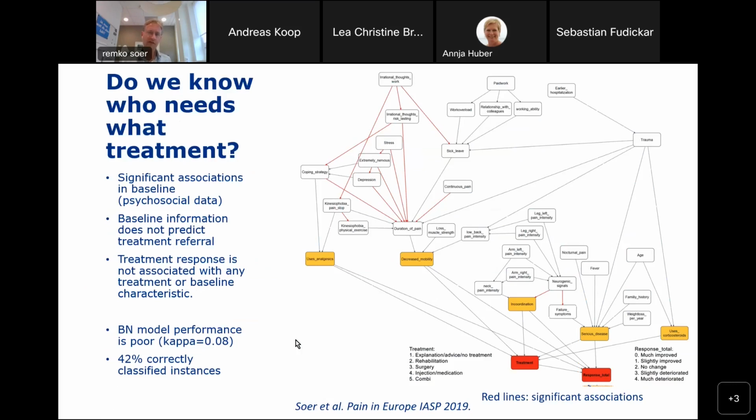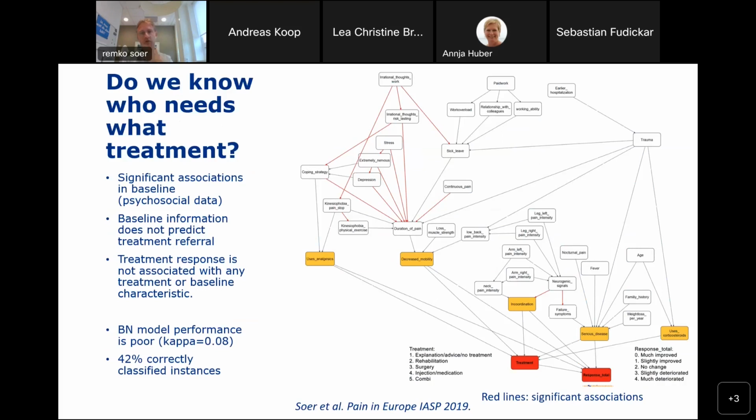What kind of characteristics make it so that one patient with low back pain has a positive response to surgery, multidisciplinary rehabilitation or anesthesiology? If, for example, something is really wrong in your back, you would probably need surgery. Quite obvious, right? So if we have data from a few thousand people, then a machine learning algorithm might be able to capture those patterns and see which patient with what characteristics needs what treatment.